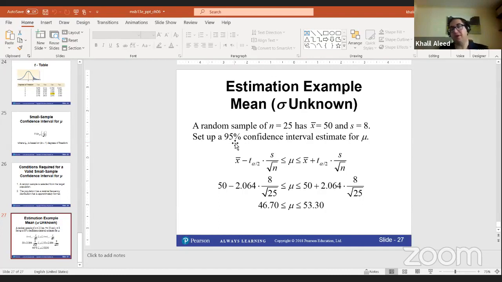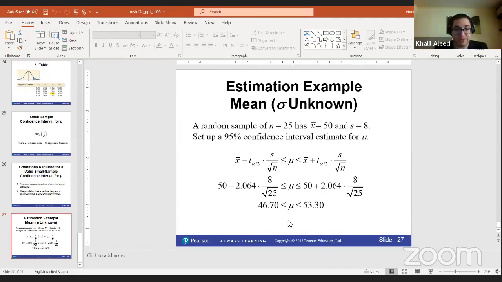In other words, what I'm trying to say is that the value of the mean of the population lies, with 95% confidence, between a lower level and an upper level. So I need to find those two.